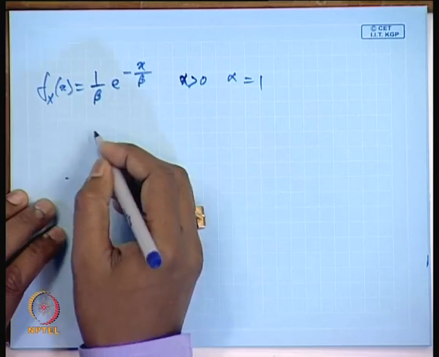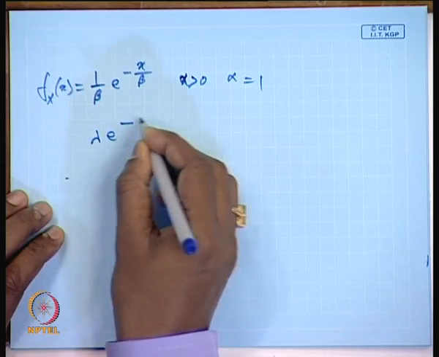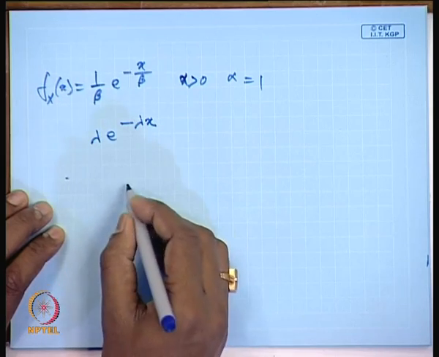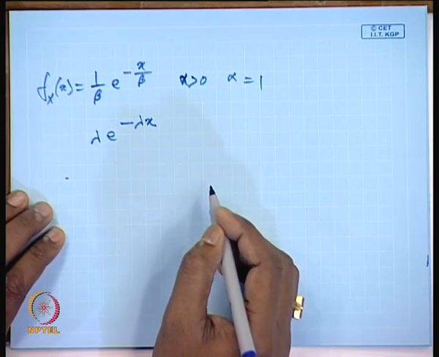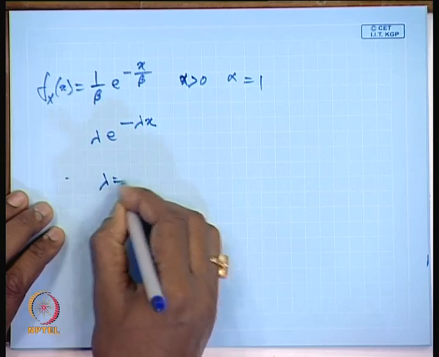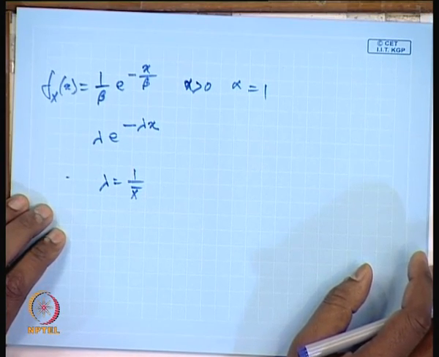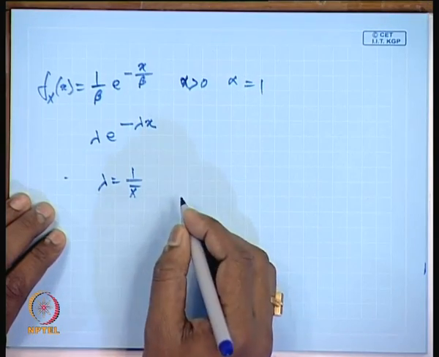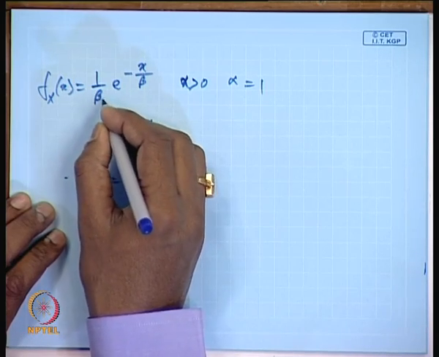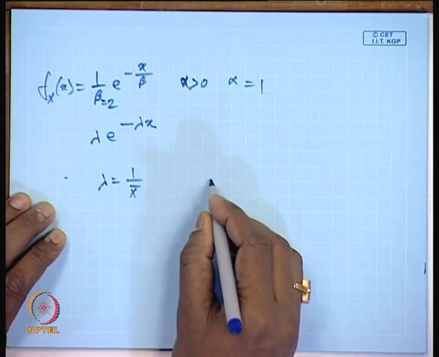Now, when we discussed the exponential distribution, we might have used the parameter lambda, lambda e power minus lambda x, and we have shown that, relating to its expected value or mean, lambda is related to 1 by x bar. Here, in the example we have shown, beta is 2.